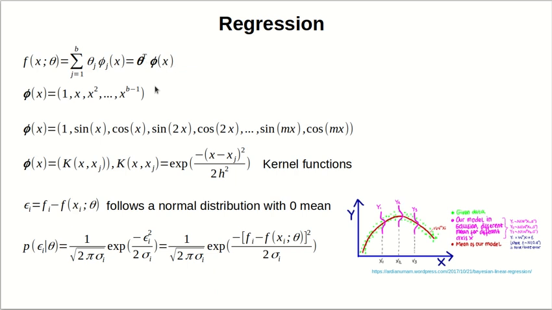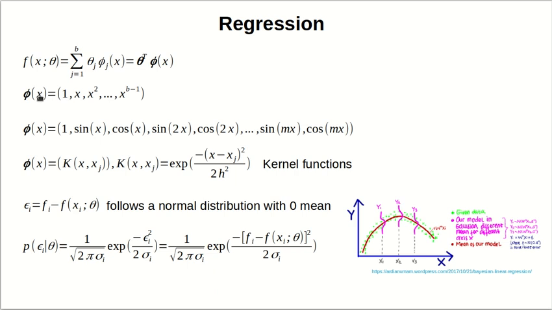So what are some of the popular choices for those basis functions? In principle, this basis function can be anything. It doesn't have to be the examples I'm giving here, but in practice, these kinds of basis functions are used quite often. So for example, phi x could be a vector of polynomials.